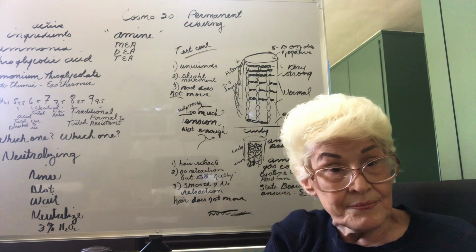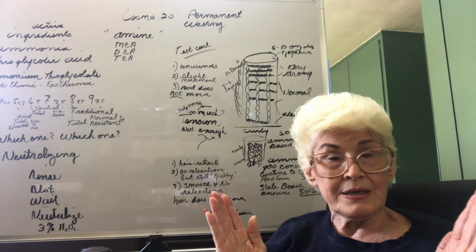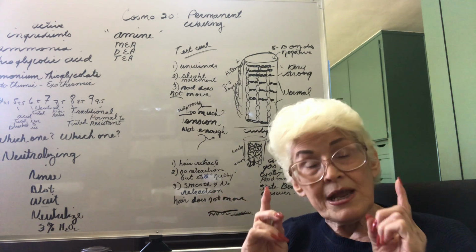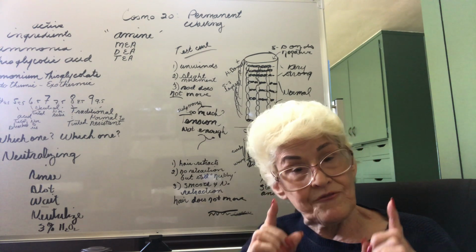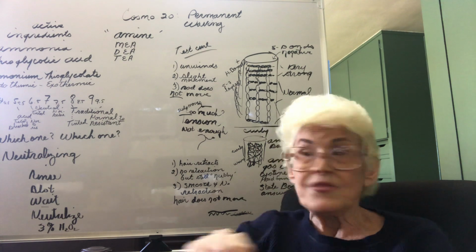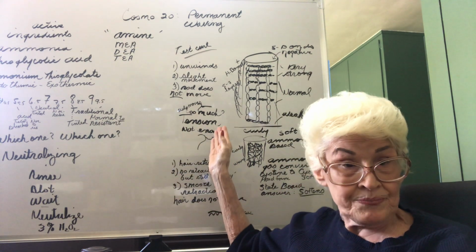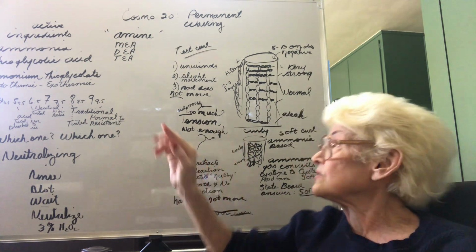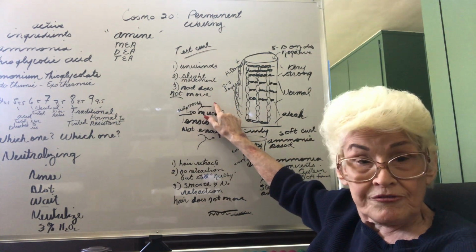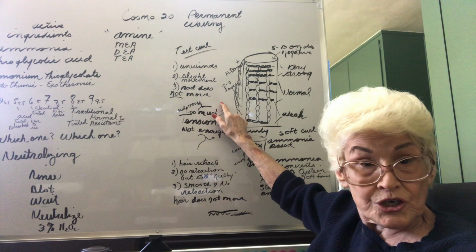It's not done. I have to wait for the cake to pull away from the edges. If I open that oven door before that happens, my cake collapses in the middle. The same thing happens with a perm. If you take a test curl before the rod doesn't move, it will collapse and you'll lose your curl.